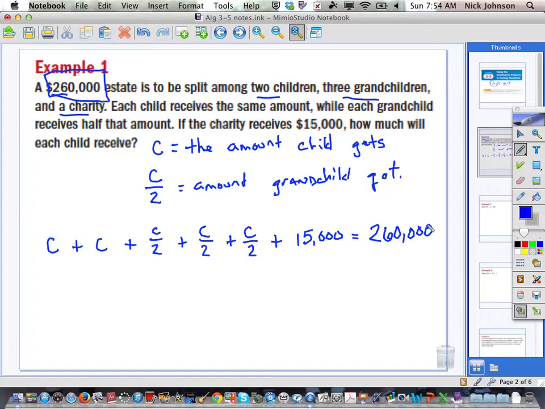Okay. Well, 1C plus 1C plus a half C plus a half C. So there's 1, 2. Here's 3 and a half. So this is 3.5C plus 15,000 equals 260,000.